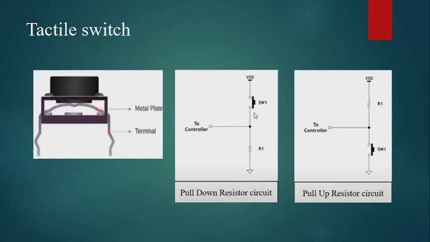When the switch is open, the controller input will be zero, as the resistor is connected to ground. When the switch is closed, the controller input will be connected to VDD. Next, this is the pull up resistor circuit.